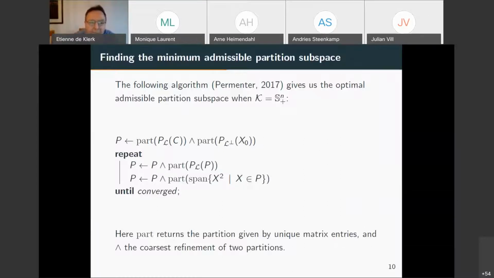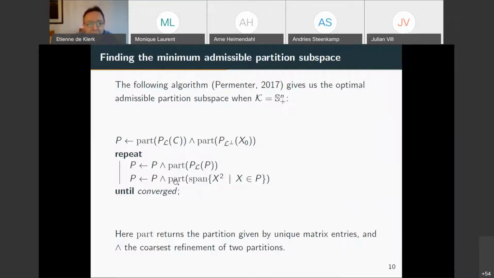We do not have to look at the details too much, but just to explain, we need an operation, an operator part, that returns the partition corresponding to the unique entries of the matrix. So part of a matrix just looks at the unique entries of a matrix, and based on that associates with it a partition subspace. I think this is very clear.